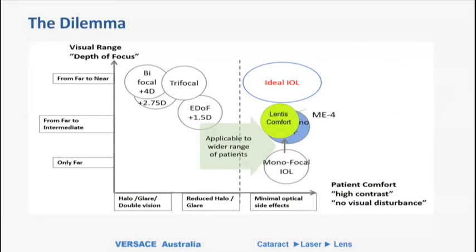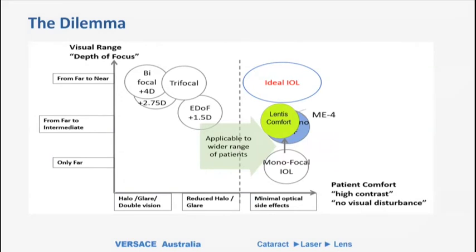So the dilemma we have really is to choose a lens that will give a range of vision without the compromise. And on this fairly busy slide, I'm making the point that on the bottom right, we have a monofocal lens where you have excellent quality of vision, but you have very limited range of vision. So you know you're going to need glasses for reading and for intermediate. At the other extreme, in the top left of this chart, is a lens like a diffractive trifocal, whether it's a Zeiss or a Panoptix or a Fine Vision.